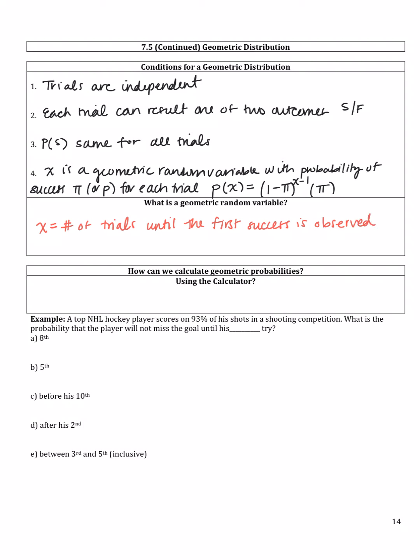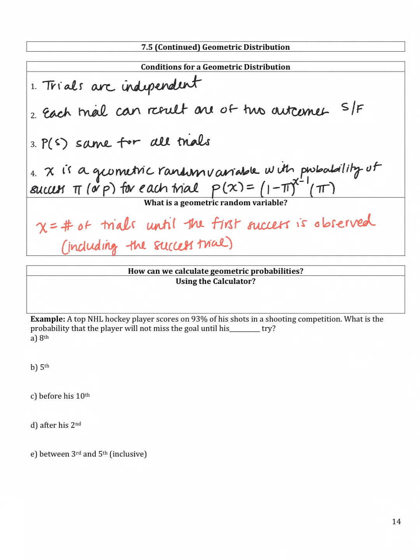Okay, and this is including the success trial. So in binomial, it's the number of successes observed, and in geometric, we're looking at the number of trials until a first success is observed.